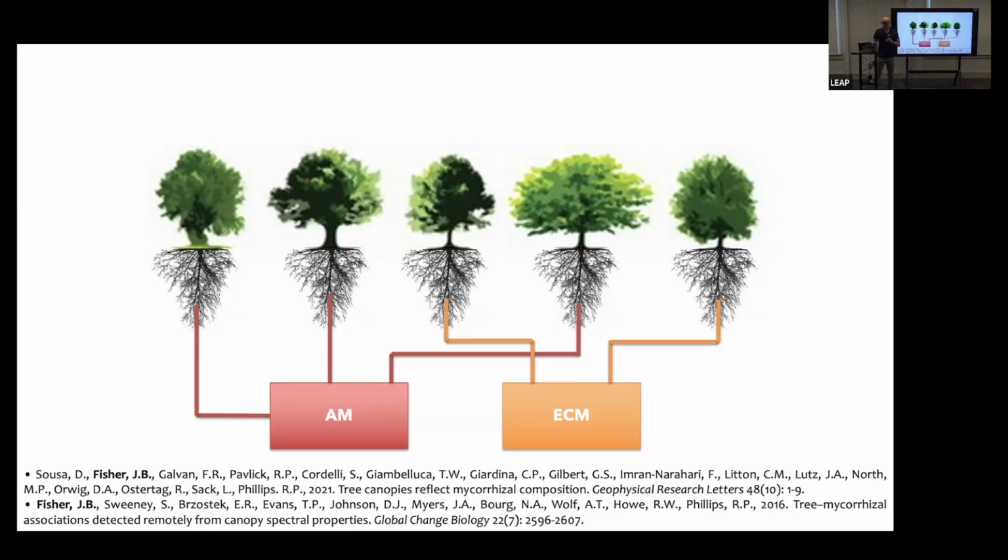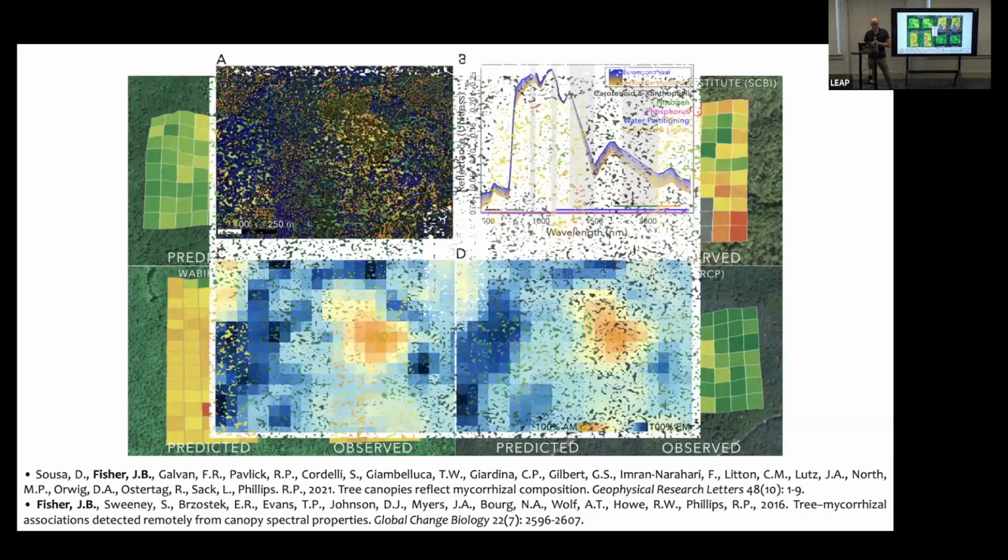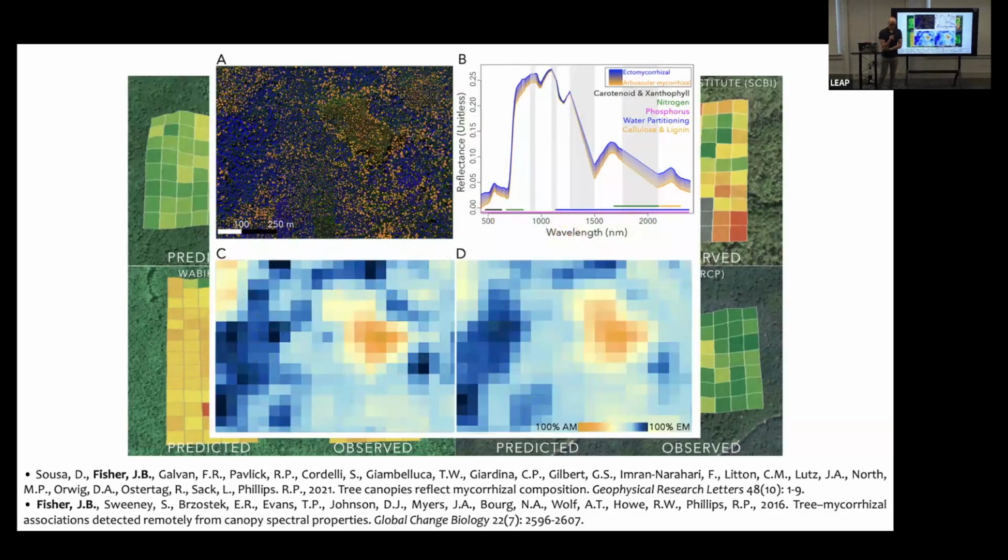And we're starting to pick that up from remote sensing. It's like they pulse the trees in unique ways that are in common with each other. And we can see that using remote sensing, both spaceborne as well as airborne hyperspectral. So we can now see the fingers of the puppets. Even though you cannot see the fingers of a puppet, you know they're there by how the puppet behaves.